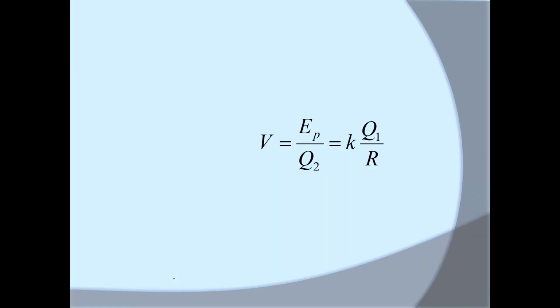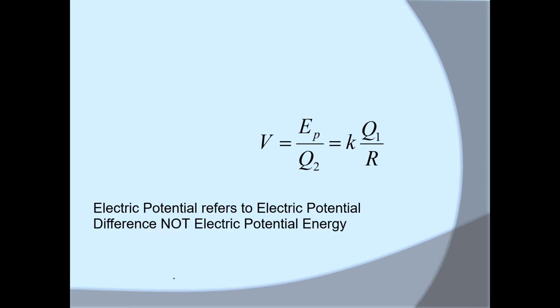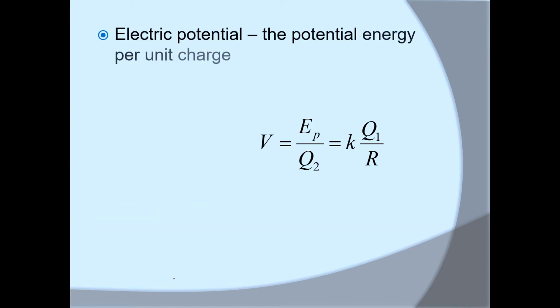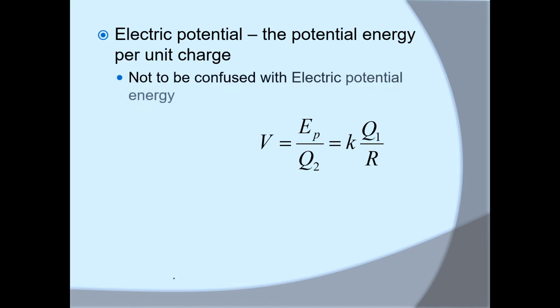All right, so here's an equation. This is another way you can calculate electric potential. Because voltage, electric potential difference, is the amount of energy per charge, we can redefine it as the amount of potential energy per charge.